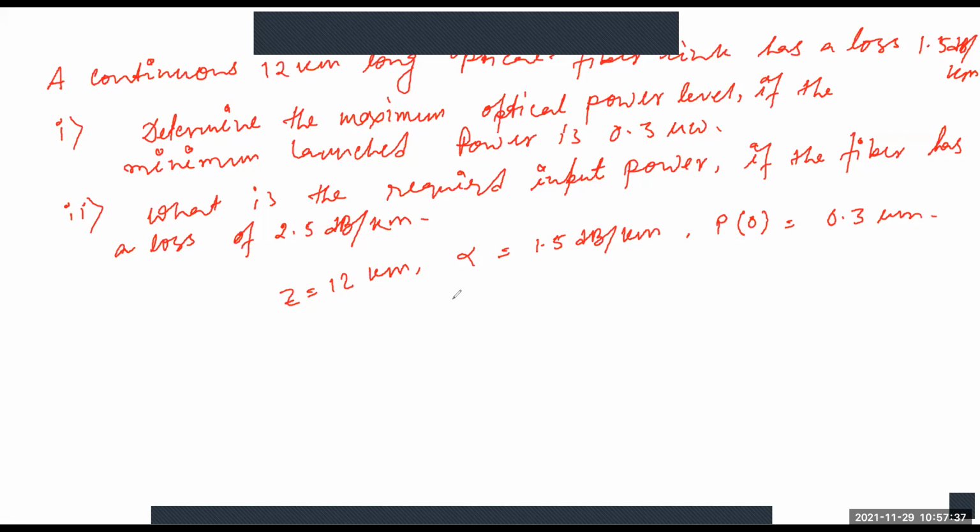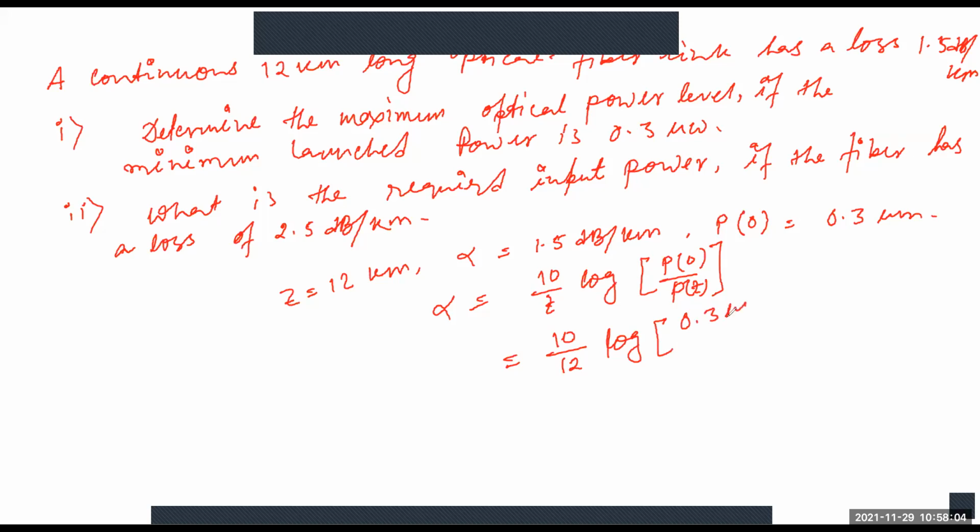The attenuation constant formula is alpha equals 10 by z log P naught by Pz. So it is 10 by 12 log of P naught, that is 0.3 mu watt, by Pz.